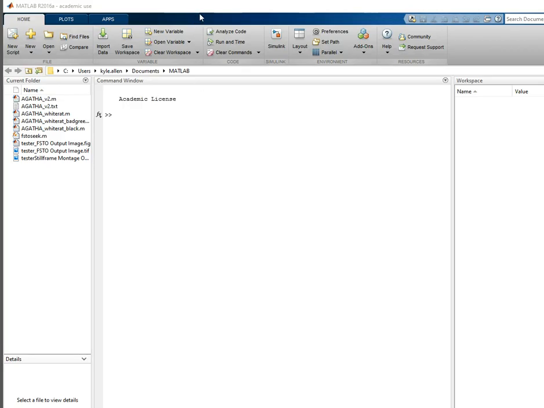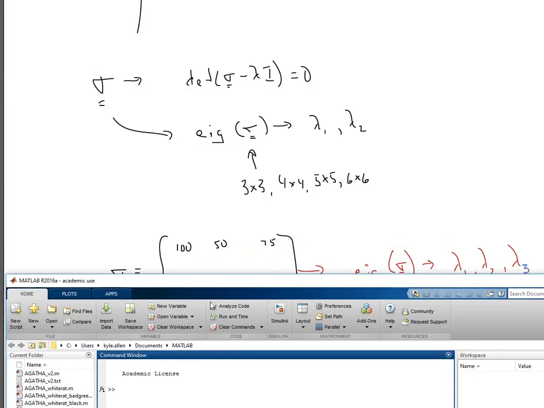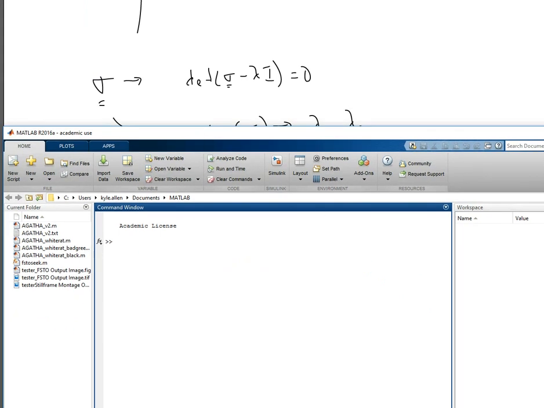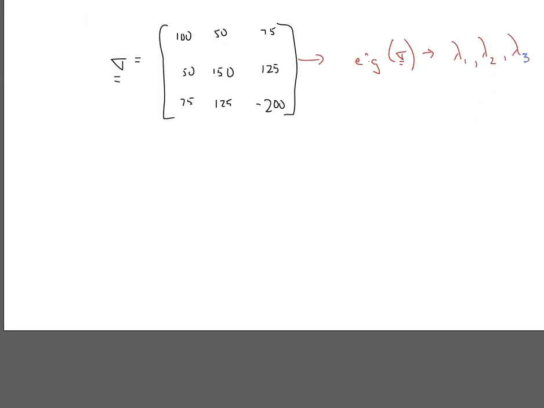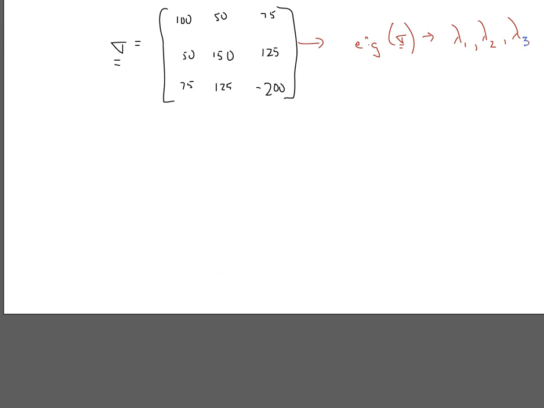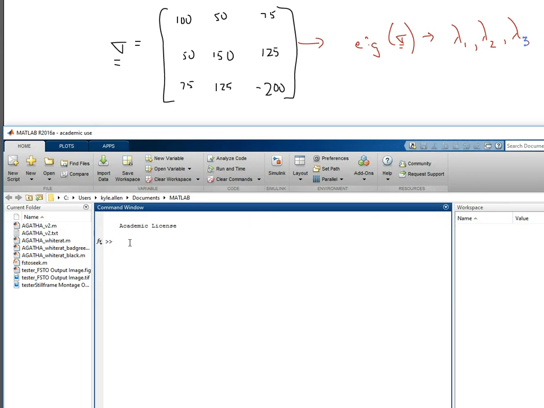All right, I went ahead and pulled open MATLAB here. If I can get both on the screen at the same time, this might take me a second. All right, let's go ahead and type in that stress tensor.